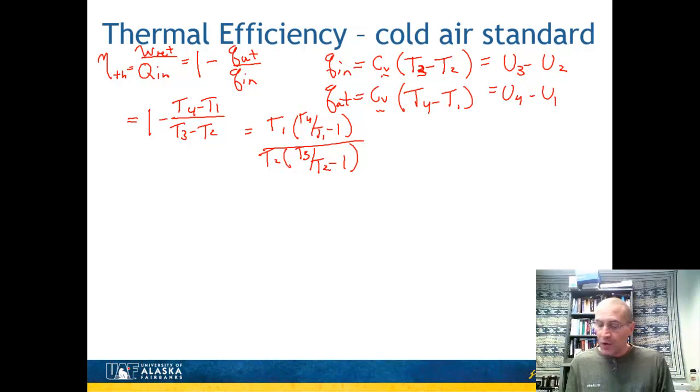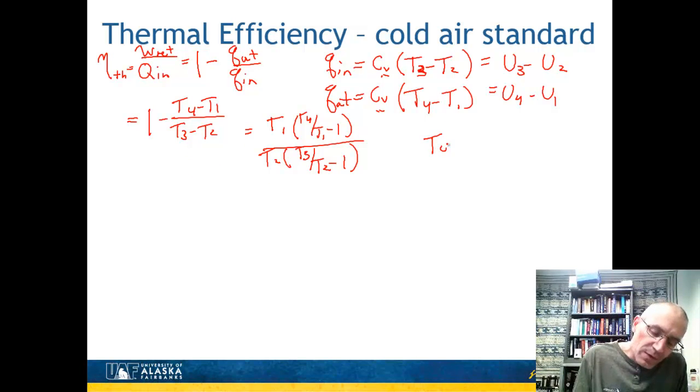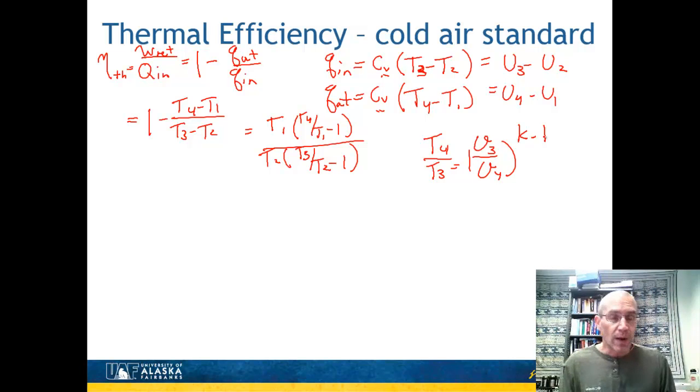And so I know that I can say, for example, T4 over T3 is going to be equal to V3 over V4 to the k minus 1. That would be an isentropic relation that we had, if you remember back from chapter 7 of the book. If I do the same thing with 2 and 1, I can rearrange this to a much simpler equation.